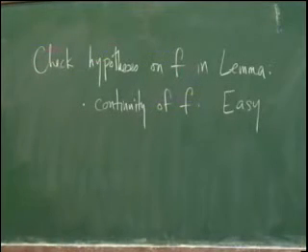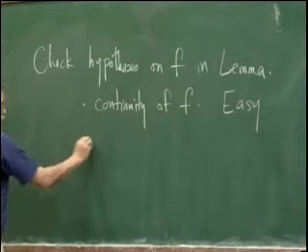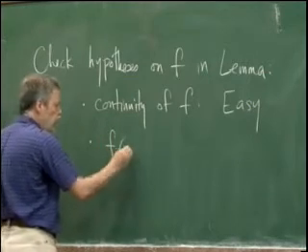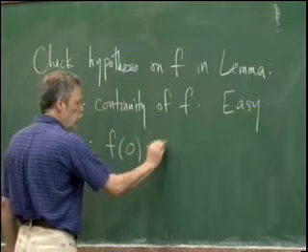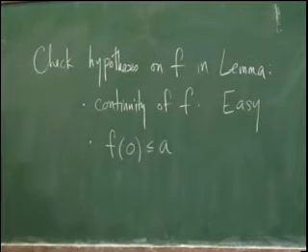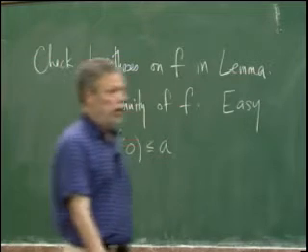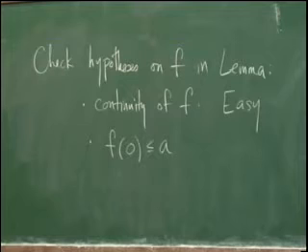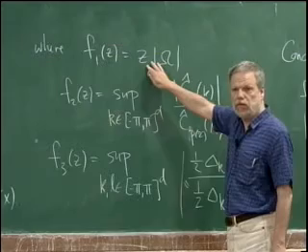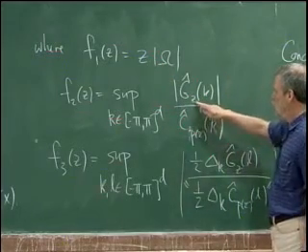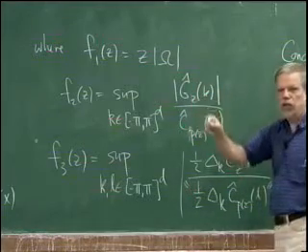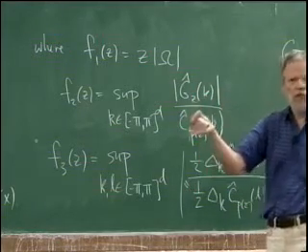Let's talk about the important things here. So the second hypothesis was that f of z1 was less than or equal to a. Our z1 is 0, and a is something a little bit bigger than 1. So we just go and check whether that's the case. F1 at 0 is 0, so that works pretty well. F2 of 0: when z equals 0, this generating function is just the first term, which is 1.